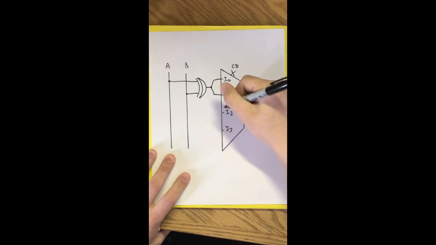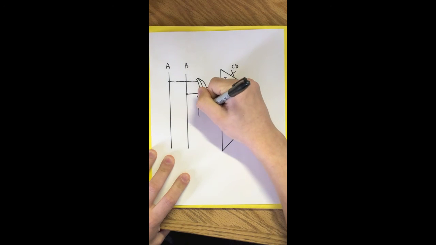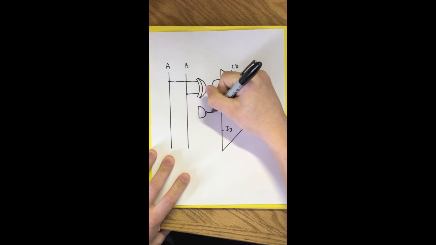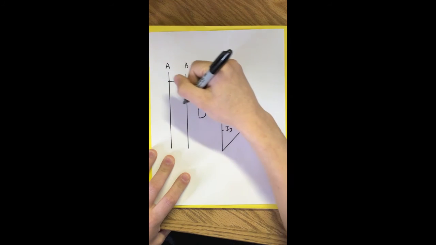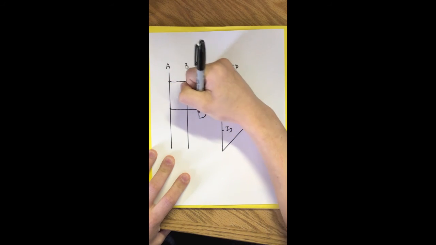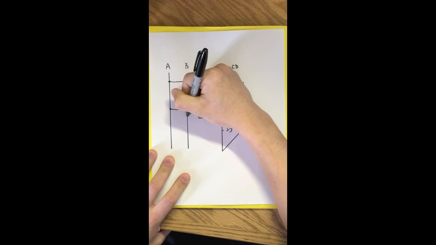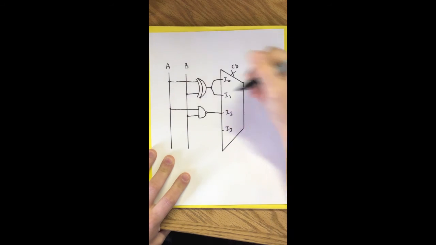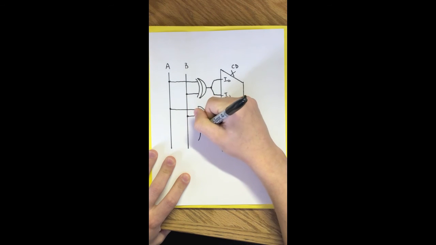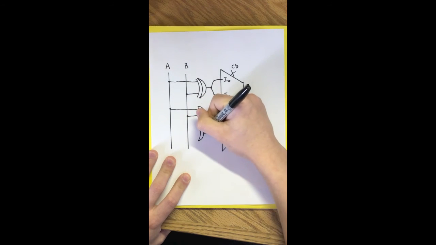For I2, we decided that was a NAND gate, which is just an AND gate with a NOT on the end. Connect your A wire, connect your B wire. I3, we decided was a NOR gate, which is an OR gate, and you guessed it, with a NOT on the end.